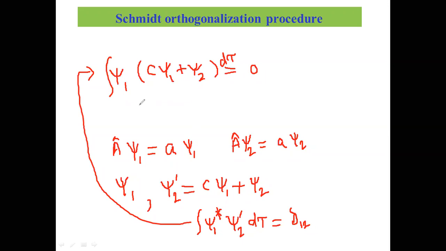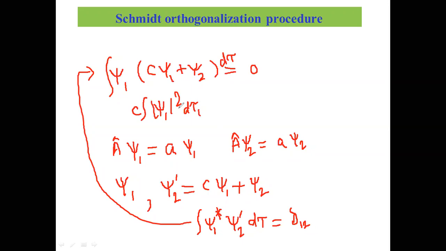Now if I do this, what I am going to get is that C is being constant and I'm taking as a real, so I removed the star, so that is C here outside the integral. Then you have psi1 mod square d tau.